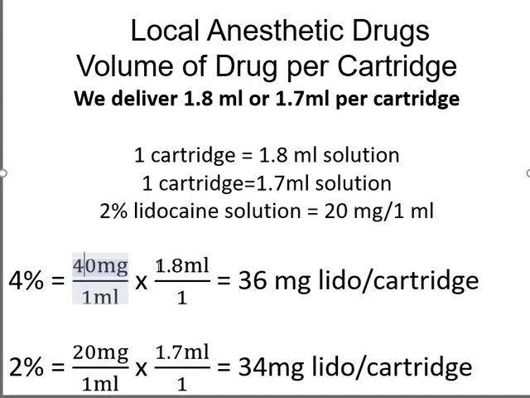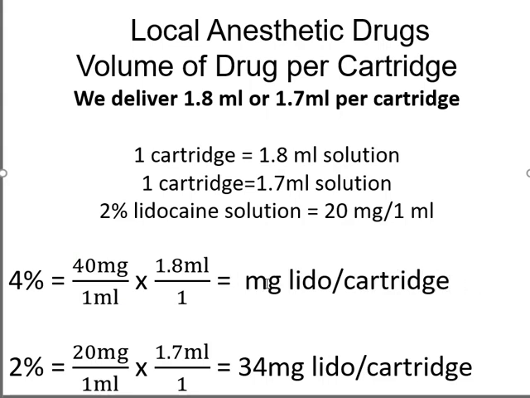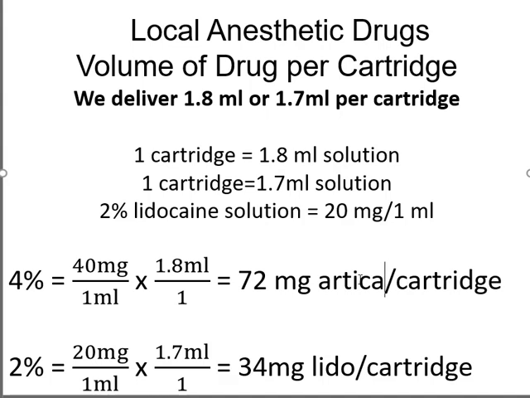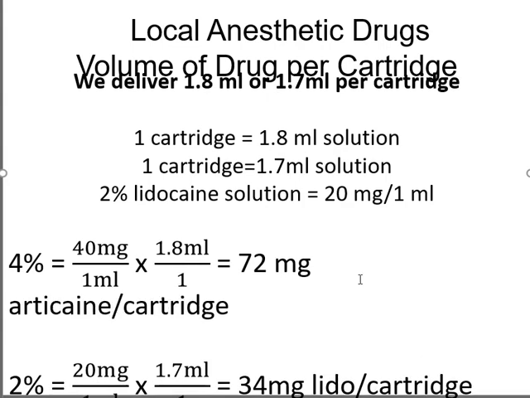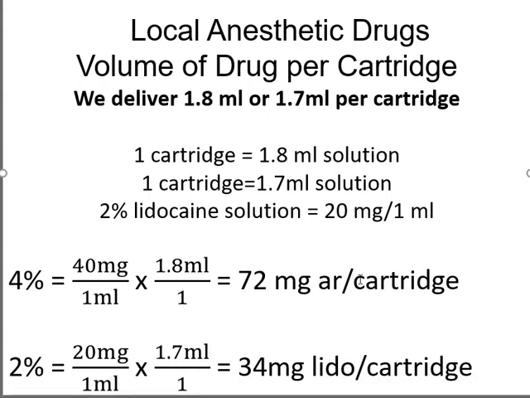And then you would get, let me do fast math here, not very fast, 72 milligrams per cartridge of articaine. But we're just going to go back to the lido. So that's how it would change per cartridge if you change the drug. Go back here, 20, and then we go back to our 36. So that's for lido.